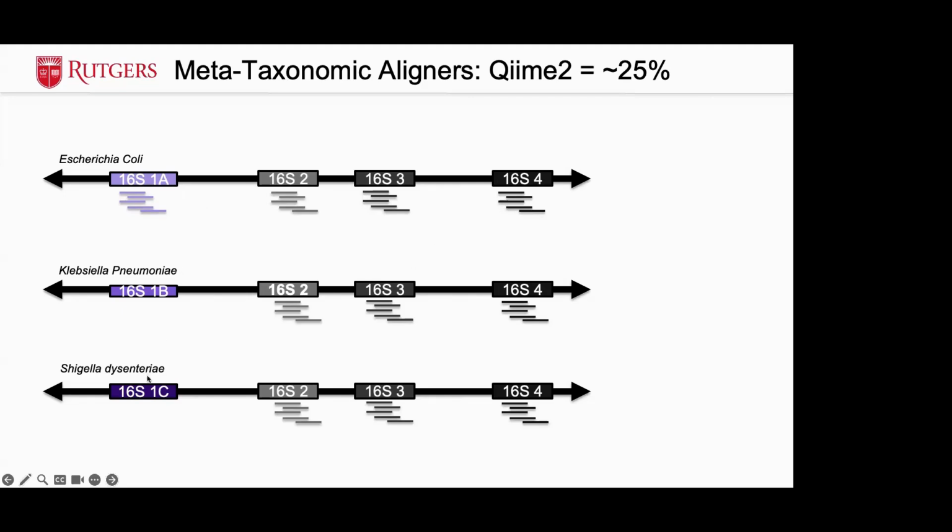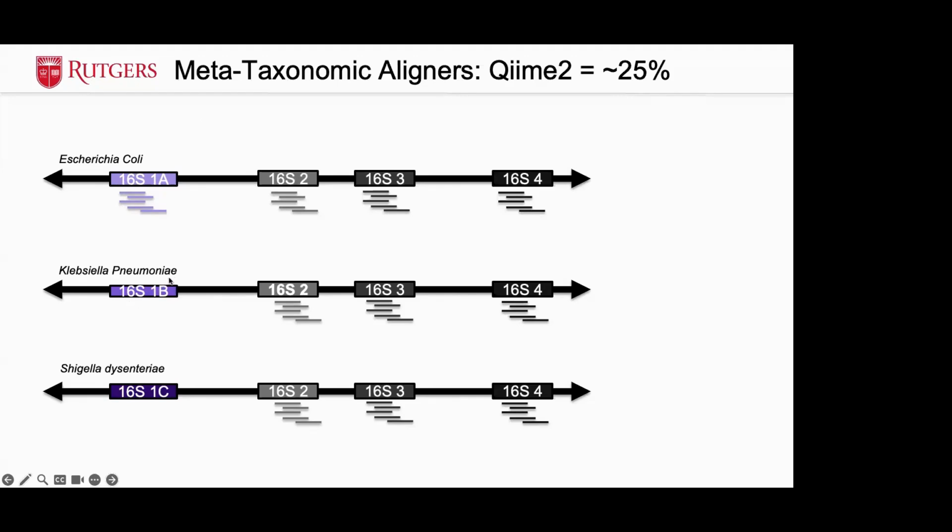Then if you have these other microbes that might be similar or related, they might share some of the same 16S genes. What we're representing here is that potentially 16S genes 2, 3, and 4 are shared across these different microbes, but what's unique would be this first 16S gene that could be different.